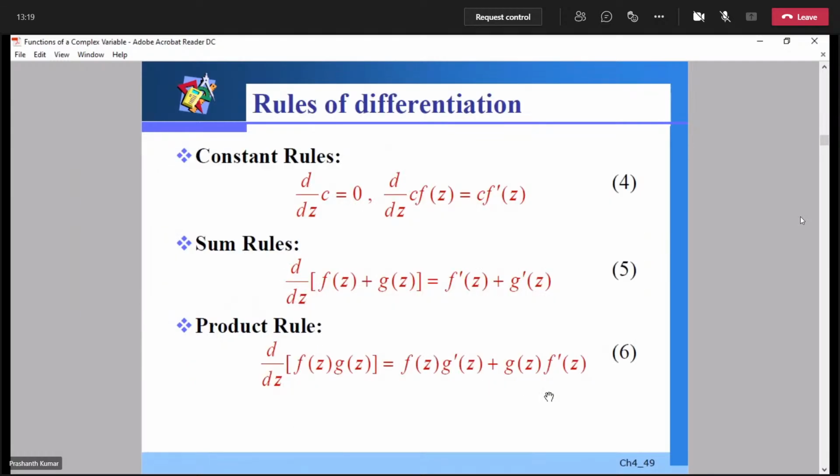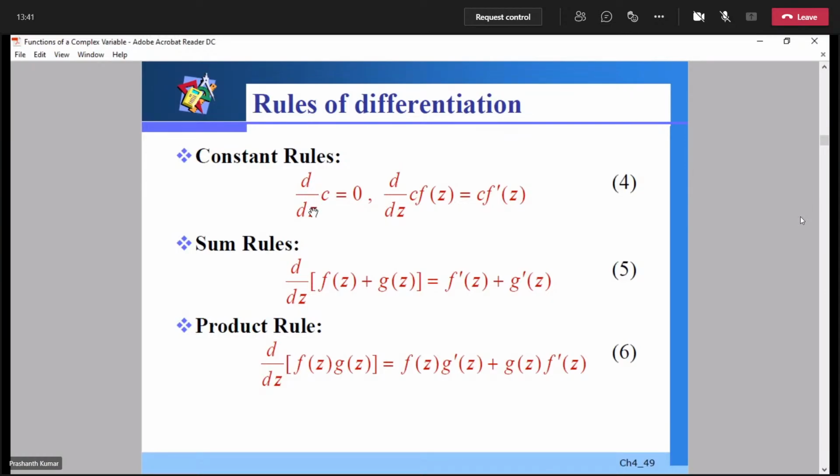What are the rules of differentiation for complex functions? The constant rule I'm writing here. What is the derivative of the constant function? That is 0. As in real functions, the derivative of a constant is 0.